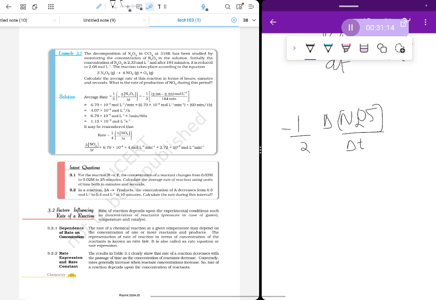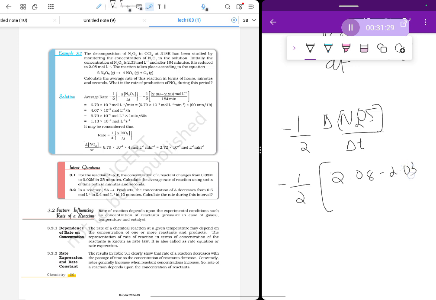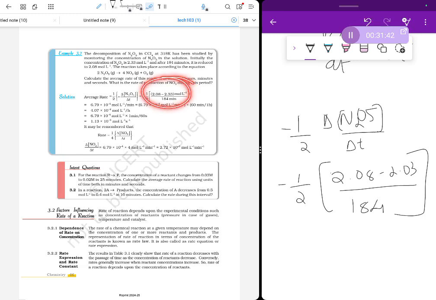So how much change in N2O5 have they given? From 2.303 it is becoming 2.08, so 2.08 minus 2.303 divided by delta T, after 184 minutes, right? So first for 184 minutes we are doing 184. If you do that, that is what they have done here, so you will get this.